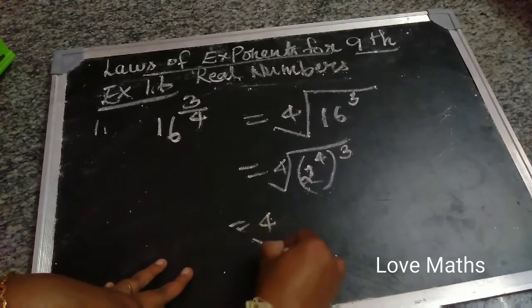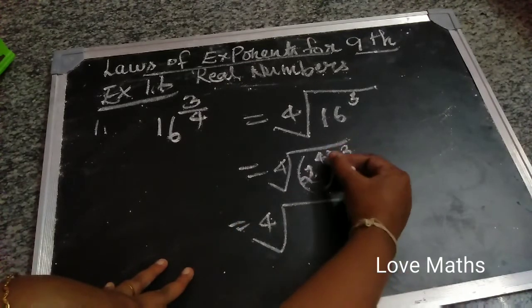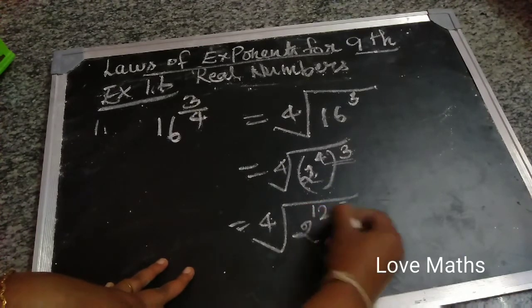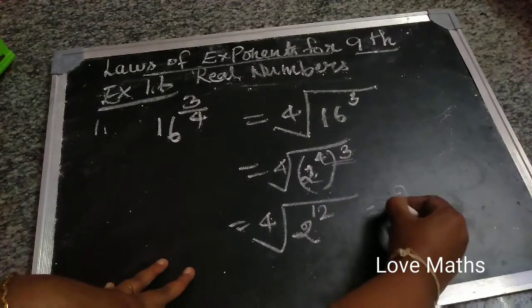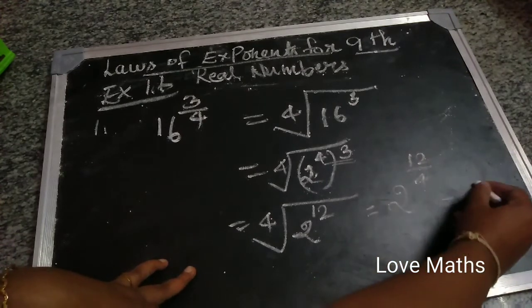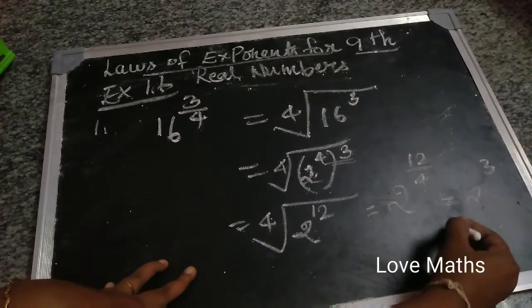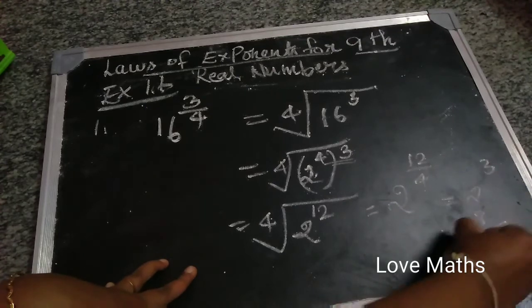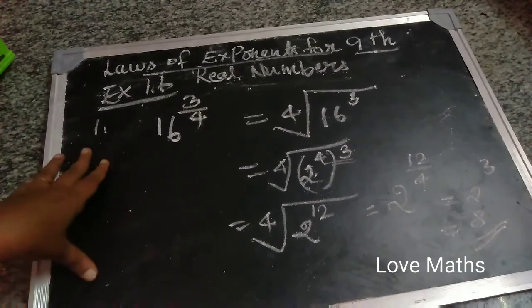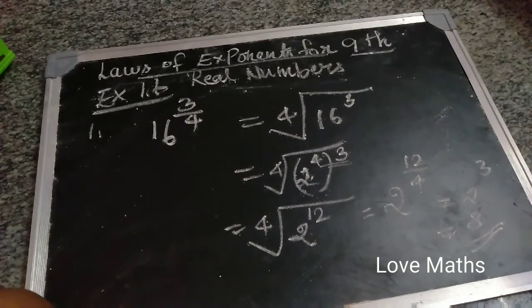Next, a power m into n means you should multiply the powers. 2 power 4 times 3 is 12. So apply the concept: 2 power 12 by 4, that is equal to 2 cube, that is equal to 8, which is the answer. Is it clear? We are only going to apply a few formulas.